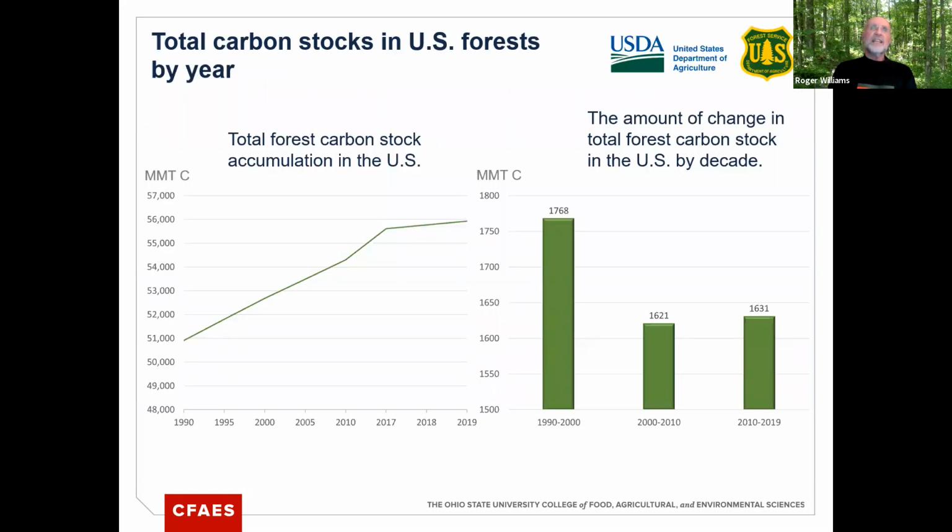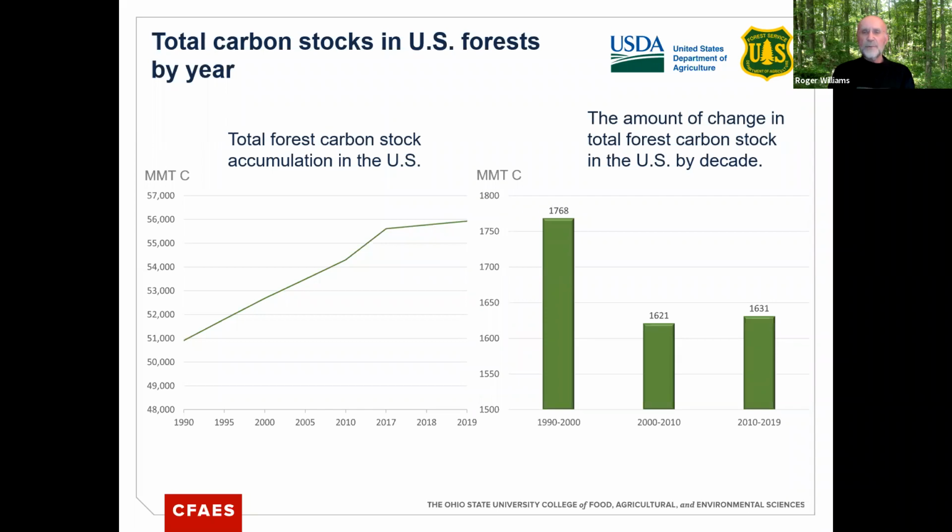So if we look then at the total forest carbon stocks in the US, it shows an increasing amount of stored carbon nationally. Now, if we compare the amount of increase of this total carbon stock, and when I'm saying total carbon stock, I'm including all pools, all reservoirs, soil, deadwood, and so forth.